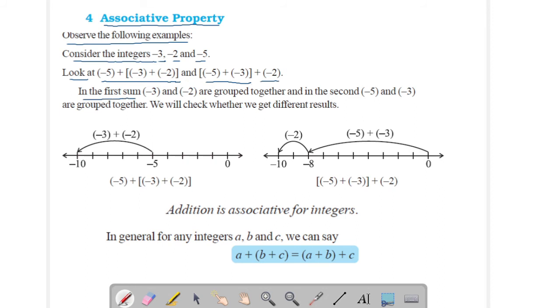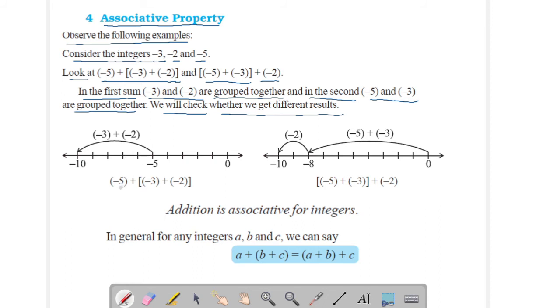In the first sum, minus 3 and minus 2 are grouped together, and in second, minus 5 and minus 3 are grouped together. We will check whether we get different results.